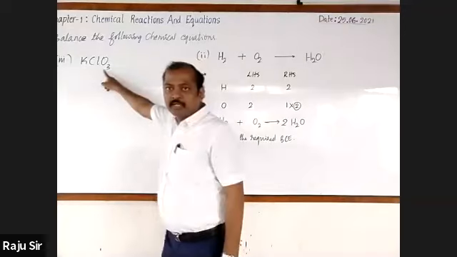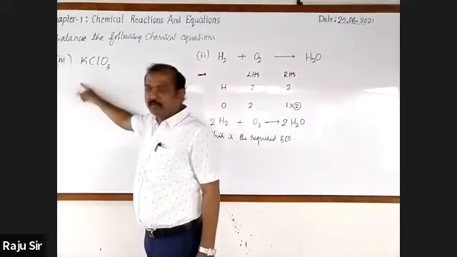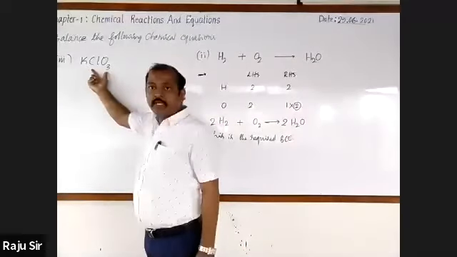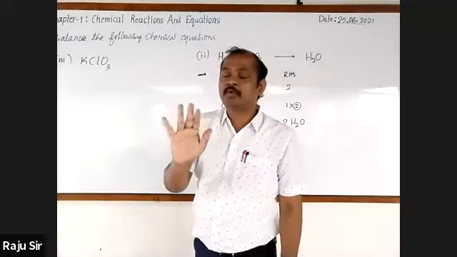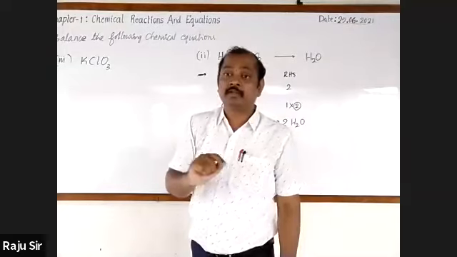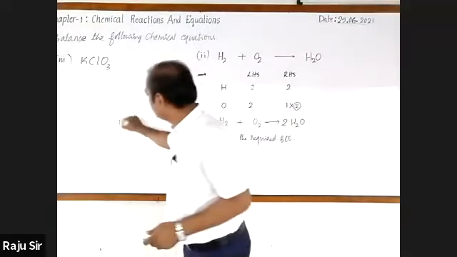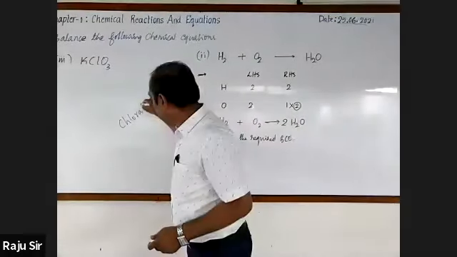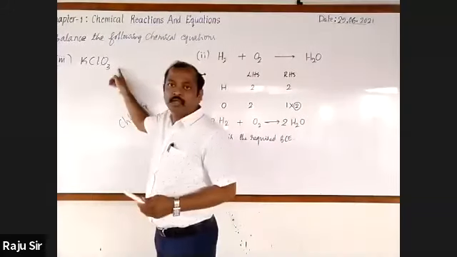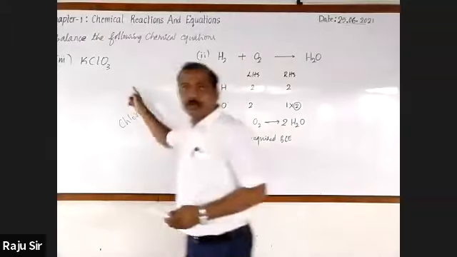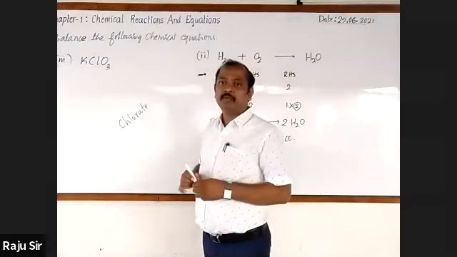K is potassium, ClO3 is chlorate. The name of the compound is potassium chlorate.